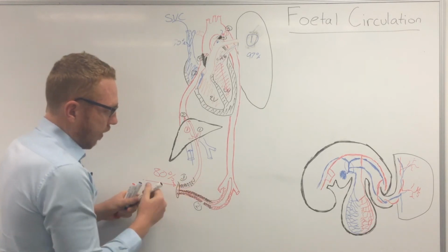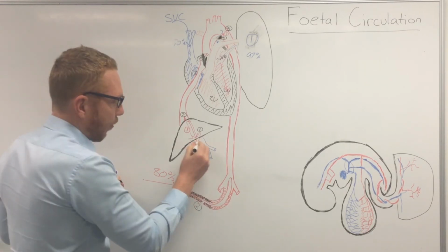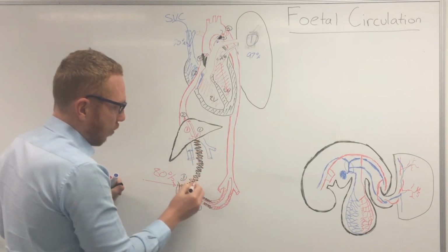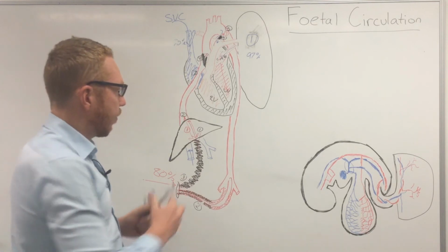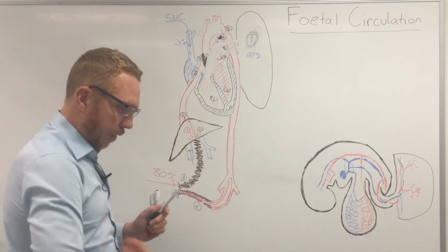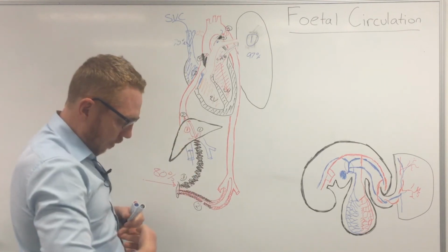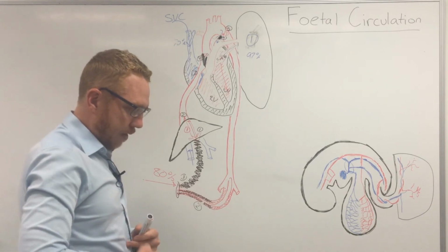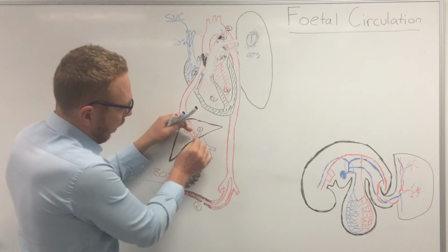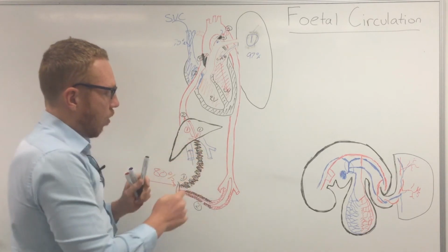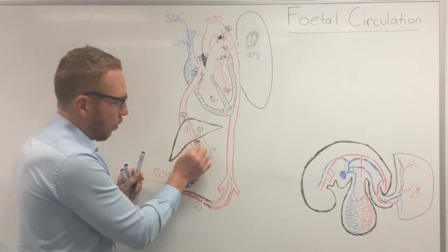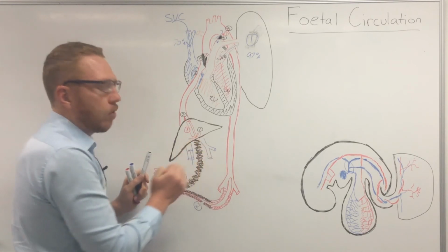All of that will fibrose, and that will go into a ligament. So the ligament of the front of your liver is the falciform ligament. Now if you follow the falciform ligament of your liver down, it will come to a lower edge, and that's what we call the round ligament, or the ligamentum teres, and that's the remnants of the umbilical vein.